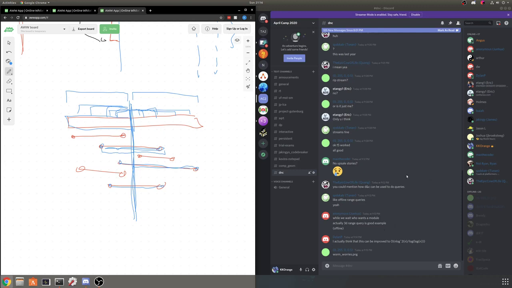I don't want to go through it. But yeah, that's the general idea of this offline query approach. If anyone has any straightforward problem that involves this, that would be good.